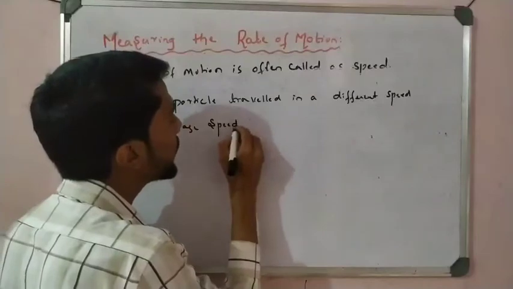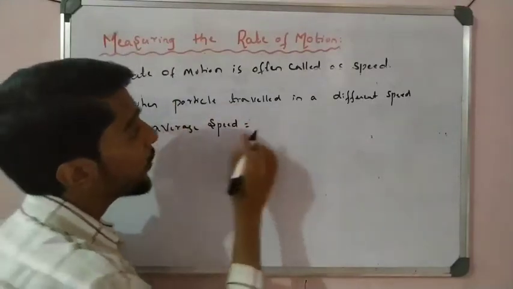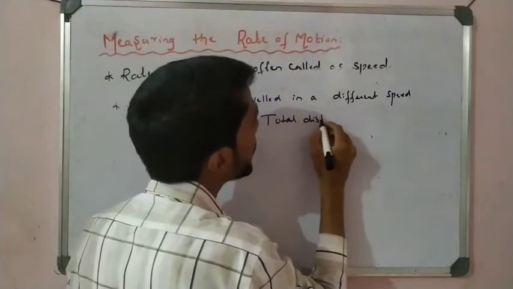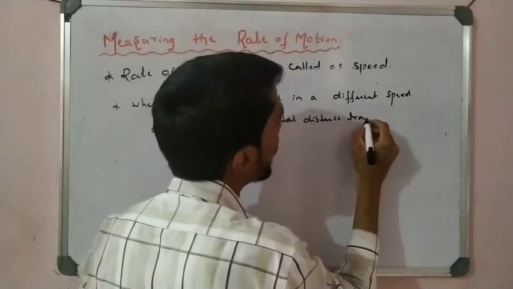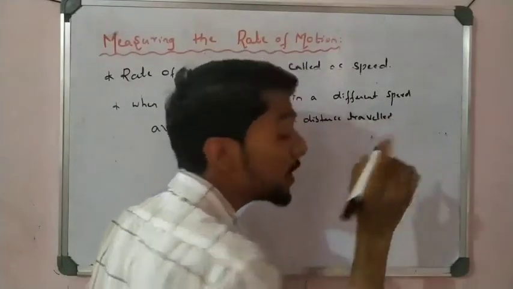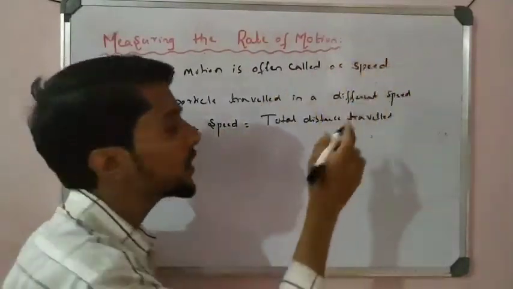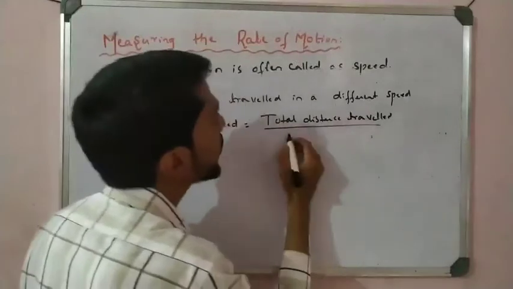How do you calculate average speed? Average speed is equal to total distance traveled divided by total time taken.